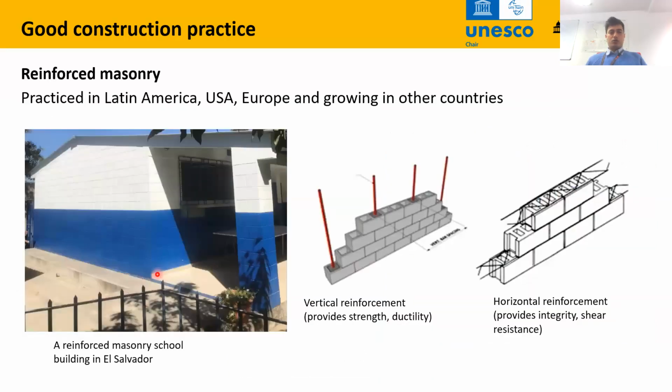And there is reinforced masonry, which is mostly used with concrete units, hollow concrete blocks, so that we can put reinforcements and then put grouting through the holes. We use both vertical as well as horizontal reinforcements so that everything is well connected. So we have proper box-like response, and these steel elements also provide greater ductility to the building.